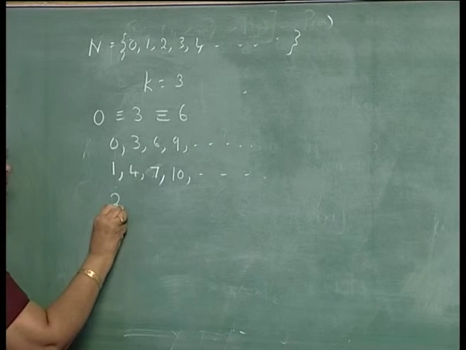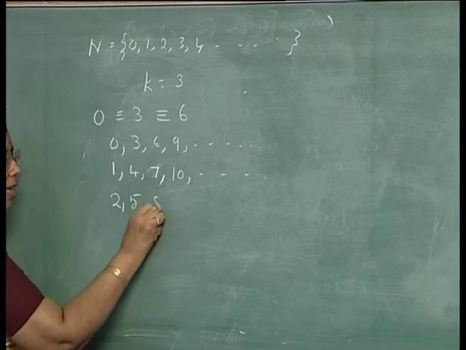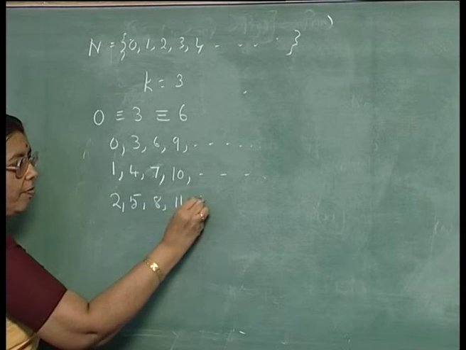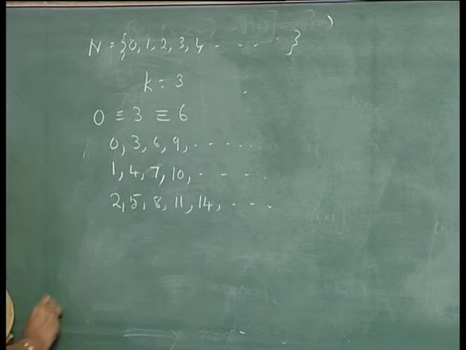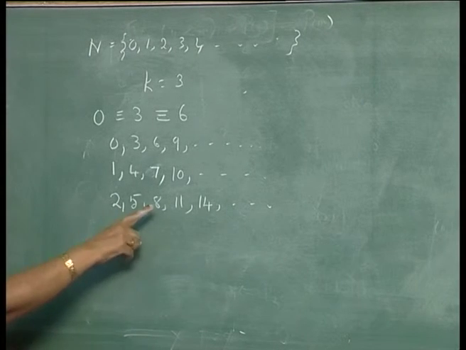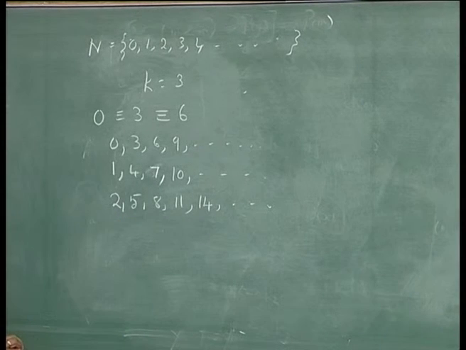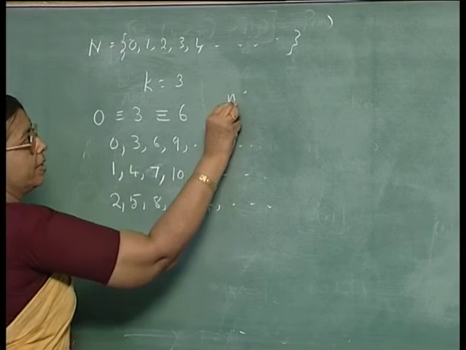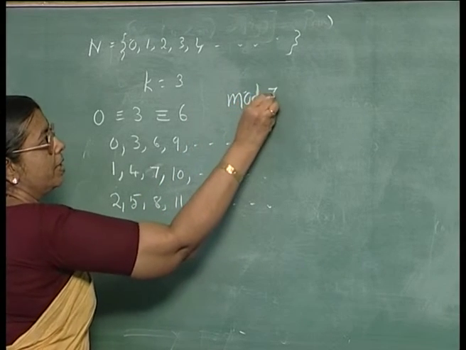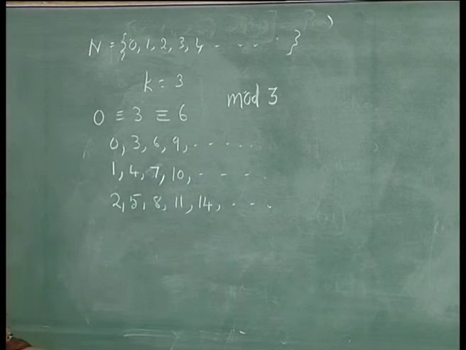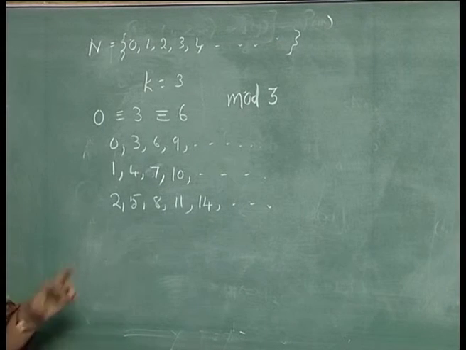And if you take the elements 2, 5, 8, 11, 14 etc., these elements are all equivalent to each other because they all leave the remainder 2 when divided by 3. So, if you consider mod 3 equivalence, you can divide the set of natural numbers into 3 classes.